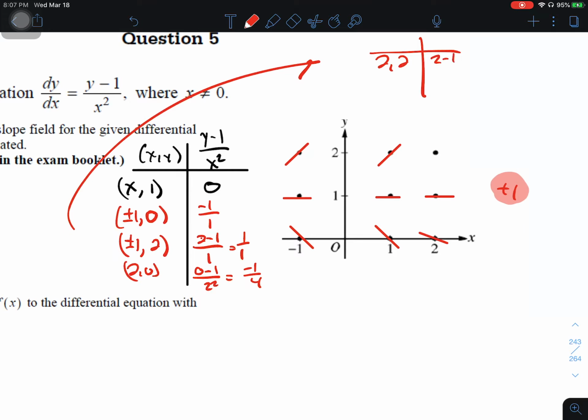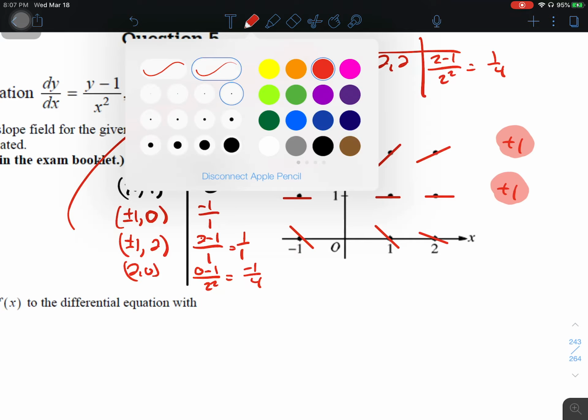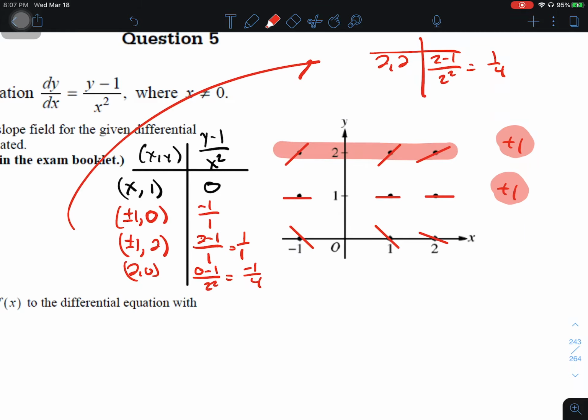That's going to be 2 minus 1 over 2 squared, which is a positive 1/4. Pretty shallow, positive slope. You would get an additional point if you made those slopes positive. Let me highlight these red slopes positive and these blue slopes negative. That's how the rubric reads. 2 points total.